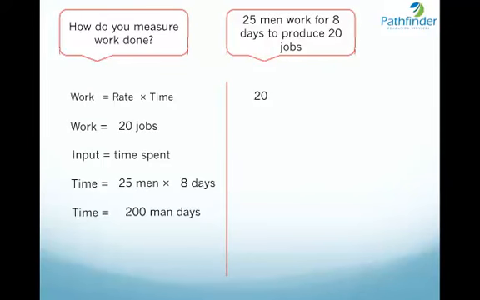So 20 jobs, the work, that is the output, is equal to rate, which is not known to us, into 200, which is the number of man days of work required, which also represents the time spent. So rate is equal to 20 by 200, which can be simplified as 1 by 10, which implies that each man does 1/10 of the work in one day.